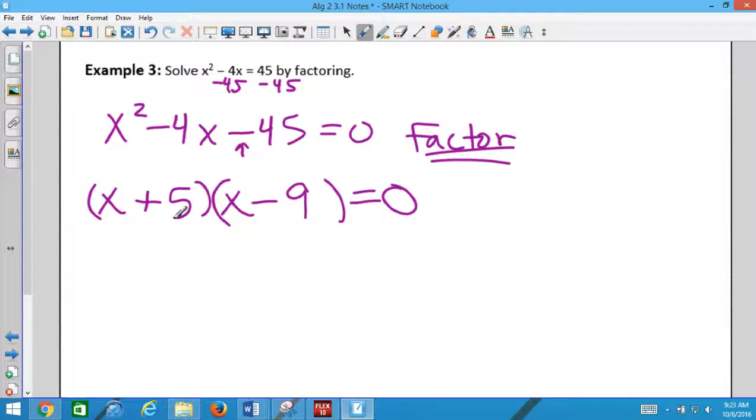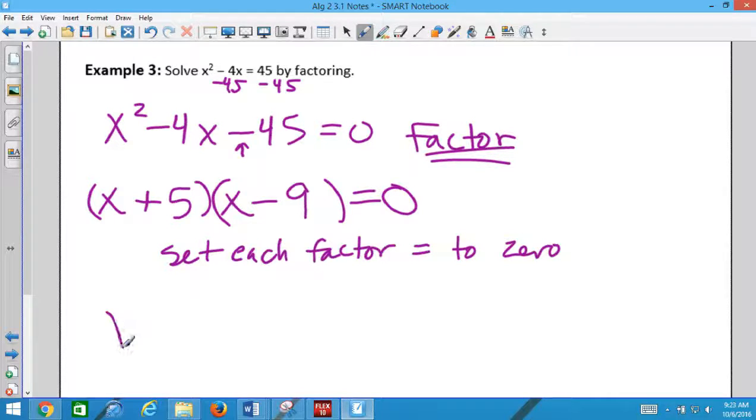Now, our next step is set each factor equal to 0. It's the same thing as the x-intercept. Because what are we finding right now? X-intercepts. We're finding x-intercepts. So it is the exact same thing that we've already done.